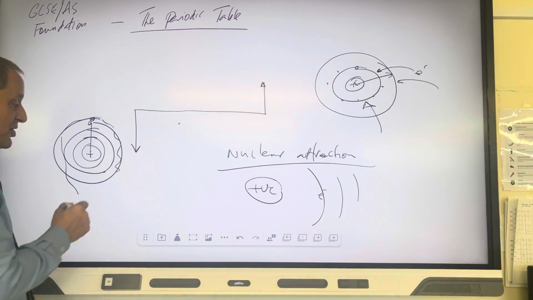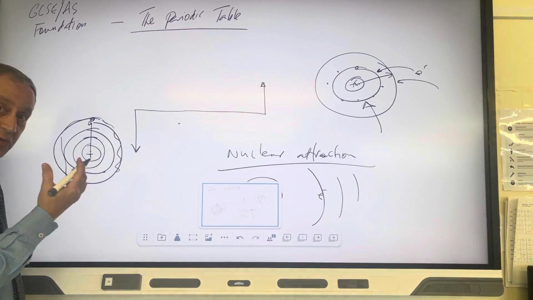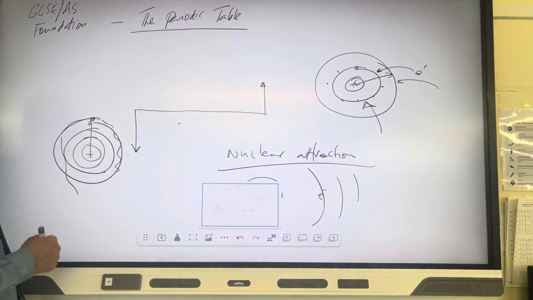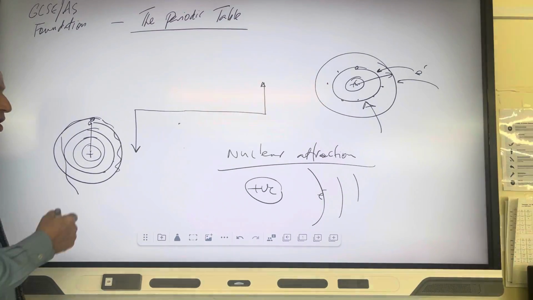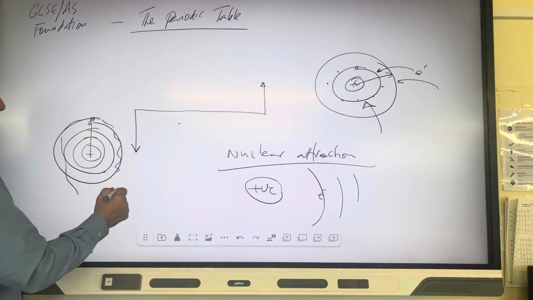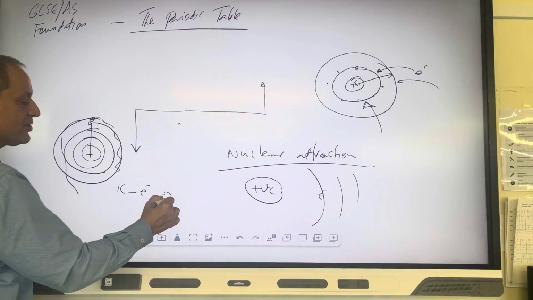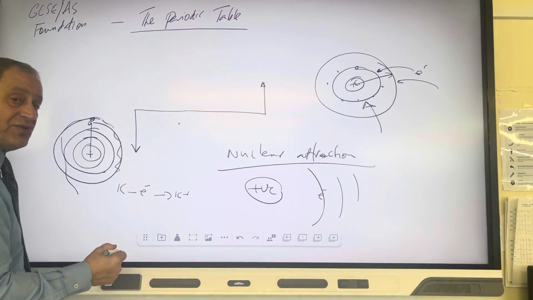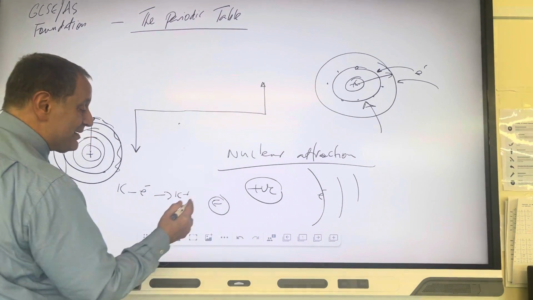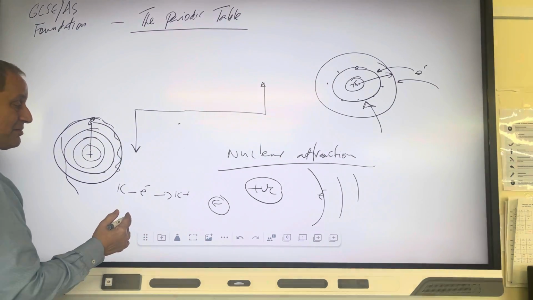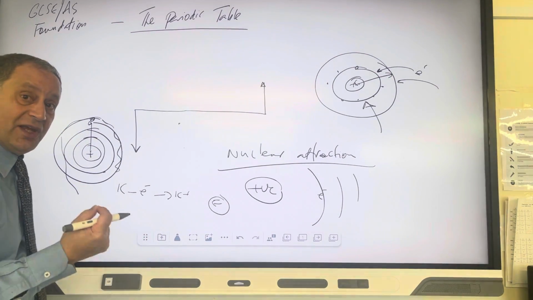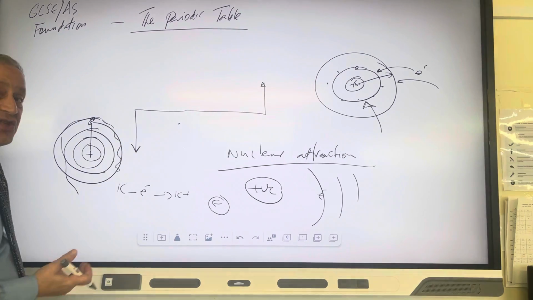That electron would be more strongly held than this electron in the outer shell. The idea is that these guys want to lose electrons, so for potassium to lose an electron to turn into a potassium ion, it would require less energy, right? Because there is a stronger shielding effect, because there is one extra shell.